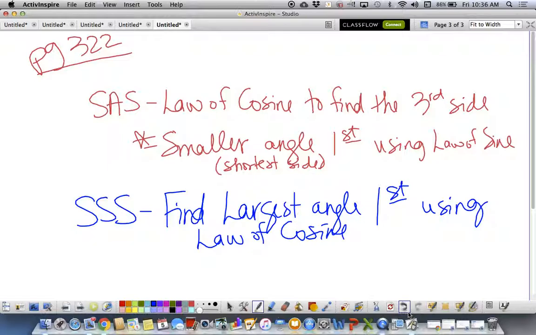Then you can find either remaining angle using the law of sine. So it doesn't matter on that one if you find the smaller one, because you've already found the largest one.